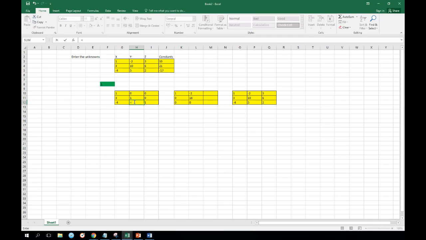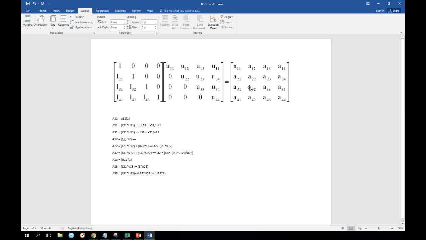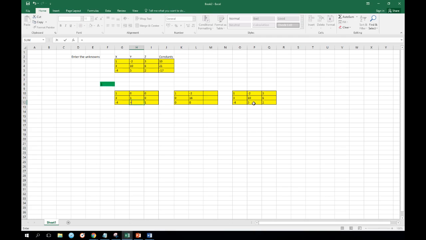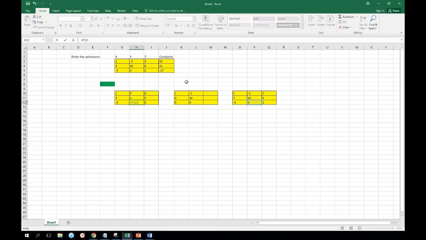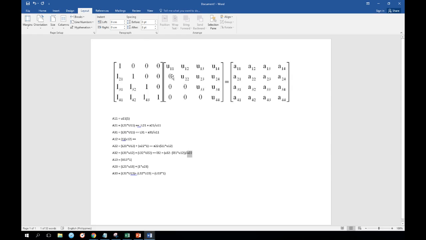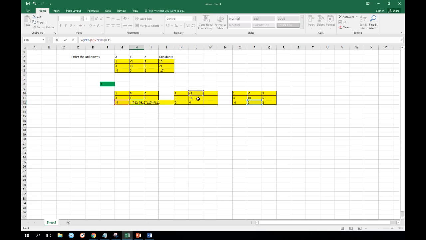So that's A32, which is this, minus L31 by U12, so that's -4 times -2, and everything is divided by U22, which is this one. So that's 16.